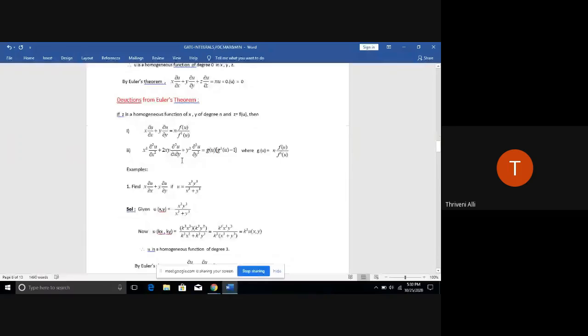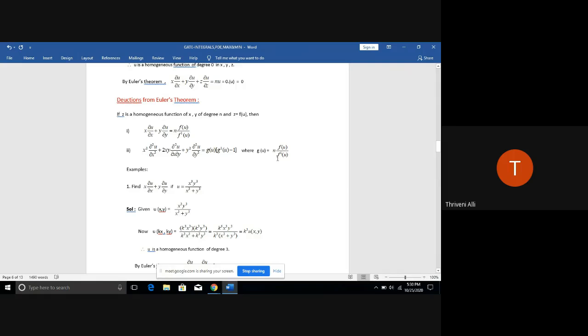That is, x ∂u/∂x + y ∂u/∂y = n f(u)/f'(u) = g(u). And the left side term also, x² ∂²u/∂x² + 2xy ∂²u/∂x∂y + y² ∂²u/∂y² = g(u)[g'(u) − 1], where g(u) is also n f(u)/f'(u).